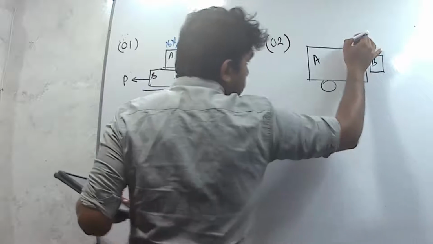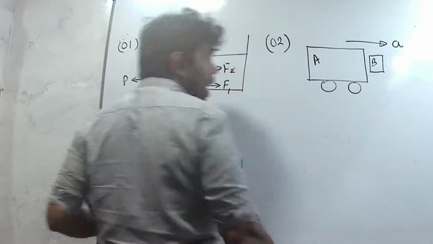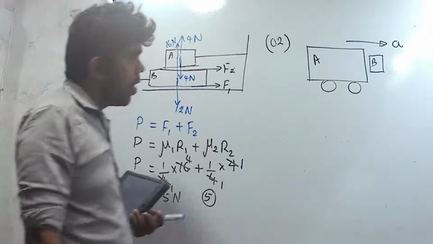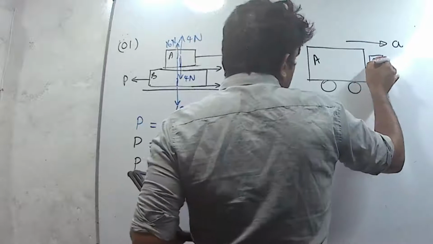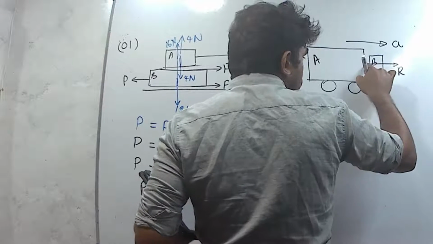Then this system is moving to the right hand side with an acceleration, a. There is a reaction on B from this point.